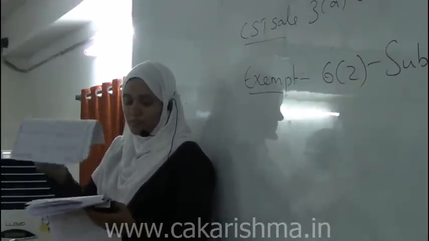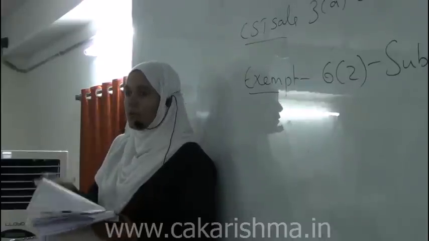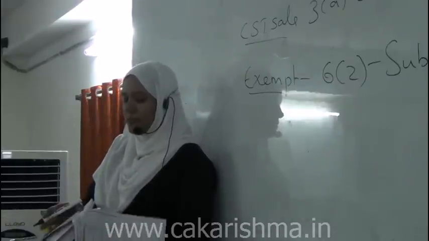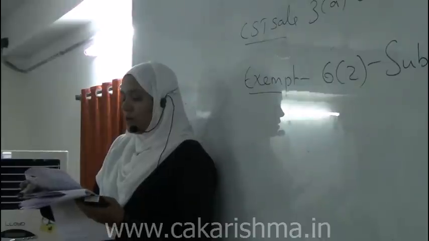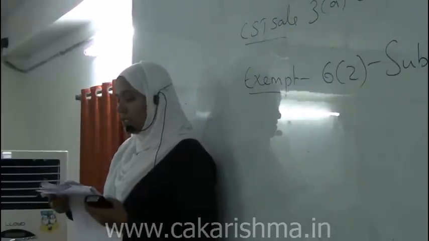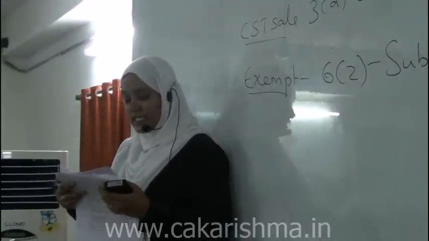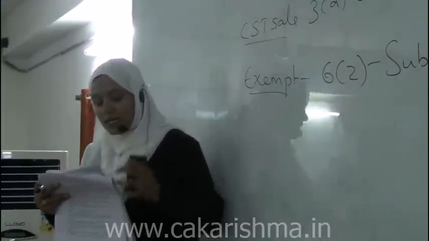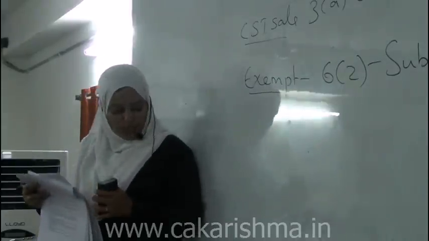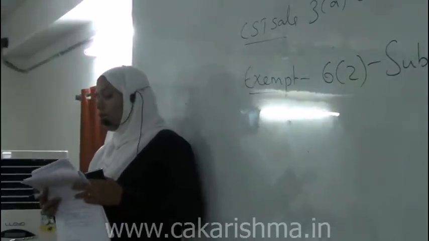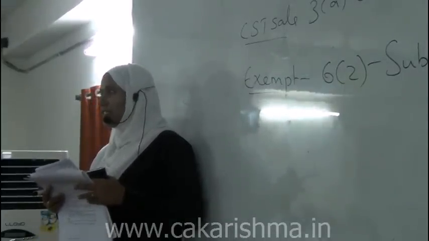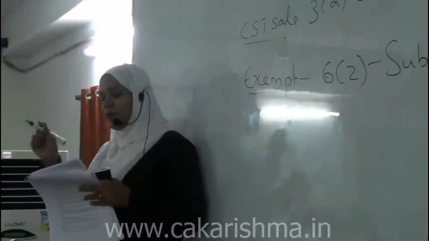Okay, next one. Read the 8th question. Now this is a practical question. We'll quickly finish it. Concentrate while reading. Total interstate sales. Okay, CST is not shown separately. What does this mean, total interstate sales?